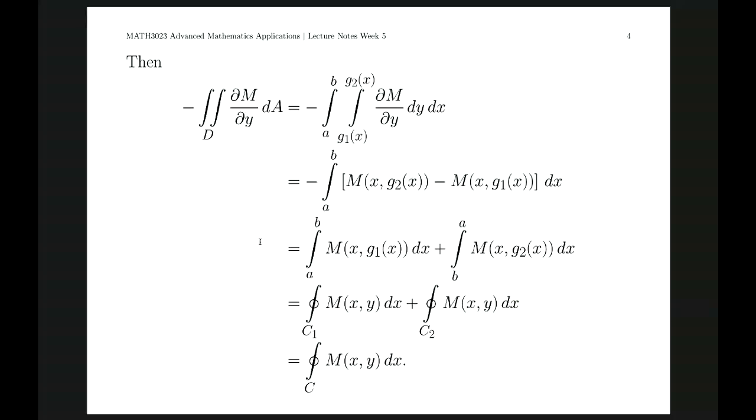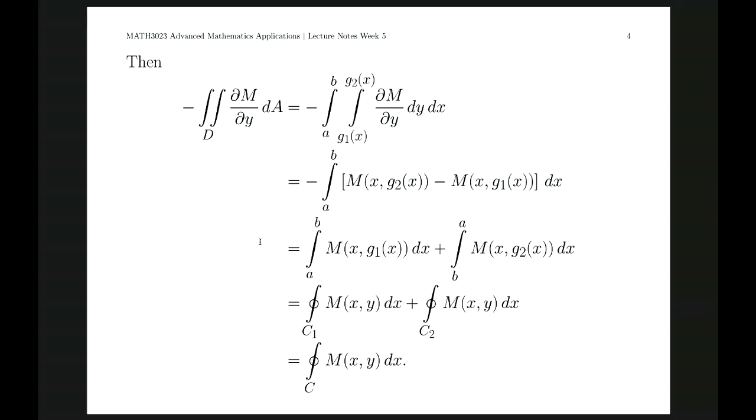Now, these two minuses make a plus. So this first bit is the integral from A to B of this thing, and this is minus the integral from A to B, which I'm going to write as plus the integral from B to A. I'm going backwards. What I'm basically doing is going anti-clockwise.